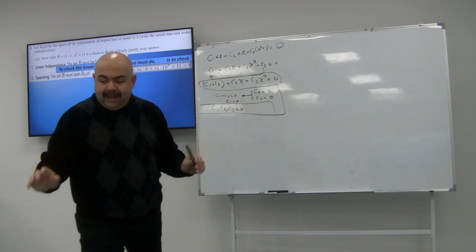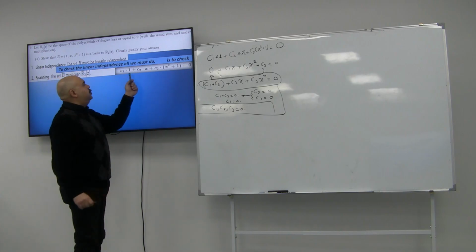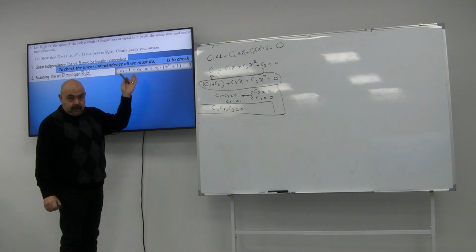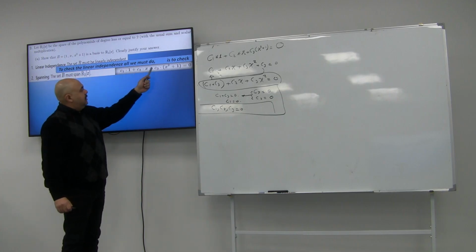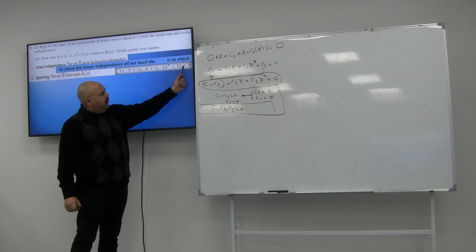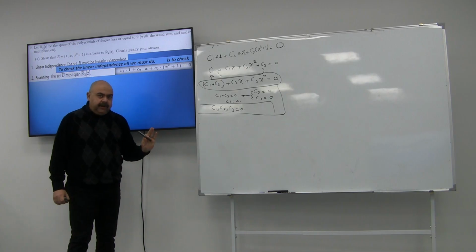So all I had to do, as I told you, is to write that this is the general form of any vector which belongs to the quadratic polynomials, C1 times 1, C2 times x, C3 times x squared plus 1 equal to 0. And how to be sure that they are linearly independent?